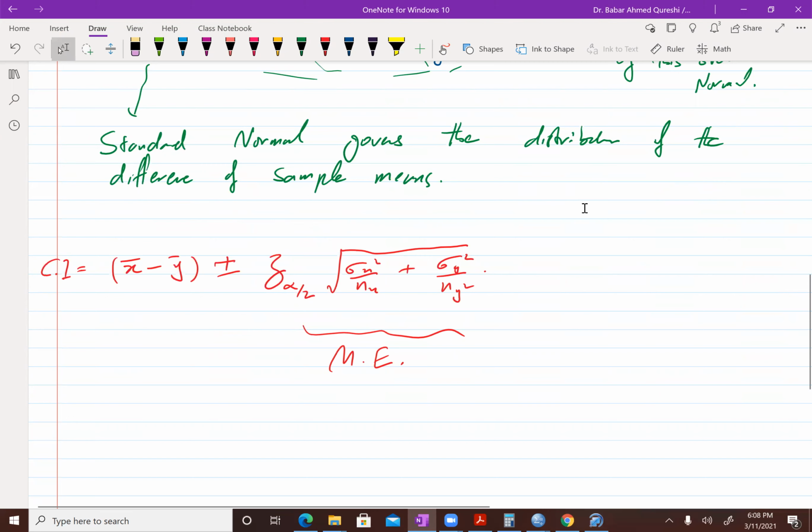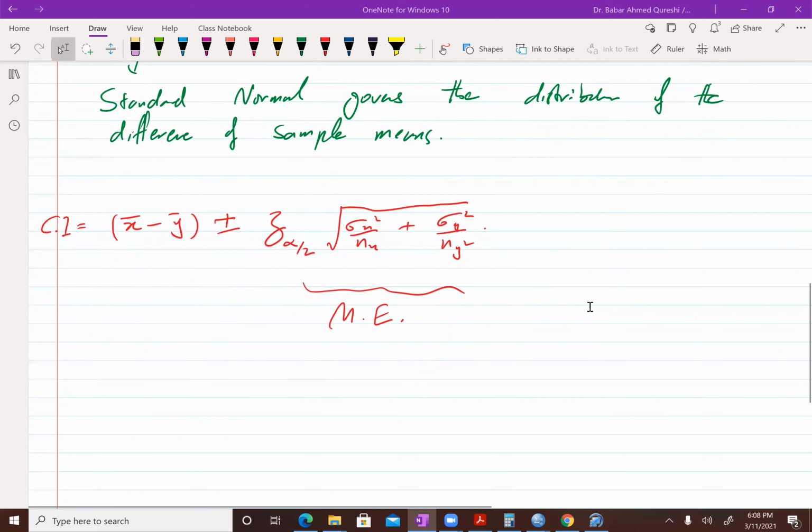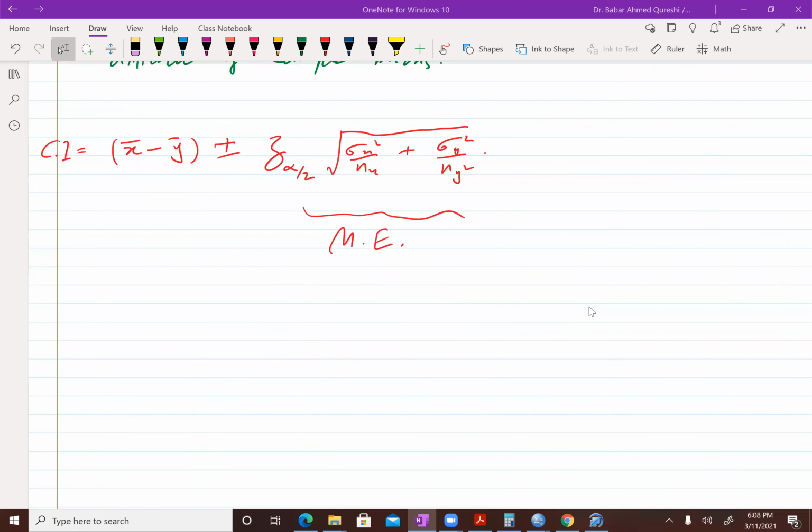But what if, more often, you wouldn't know the standard deviation of the population? In that case, you estimate these numbers from the sample itself.